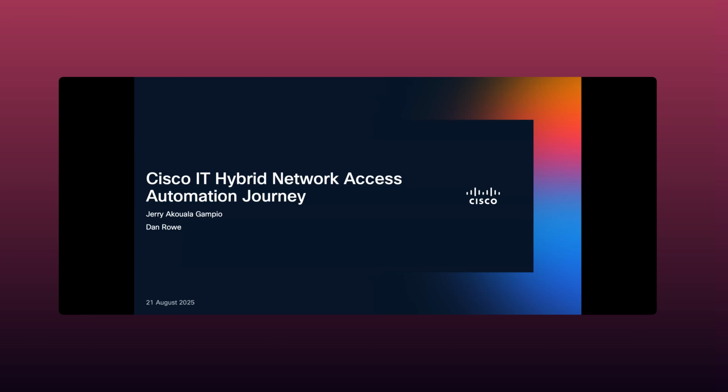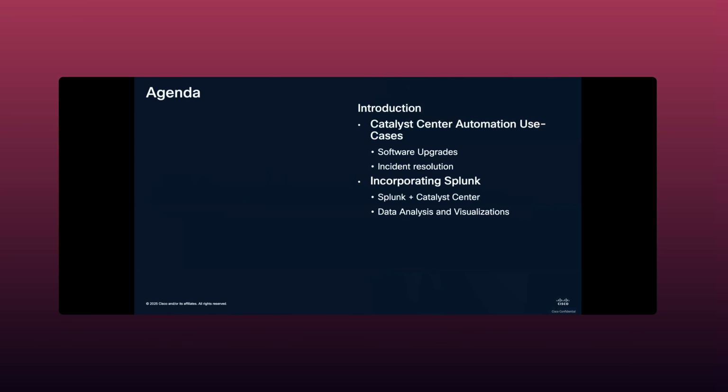Go to the next slide. A quick summary of our agenda. So we are going to be covering Catalyst Center automation use cases. The first use case we will start with will be our software upgrade, how we automated our process from when you start to change requests all the way to incident management and all that.